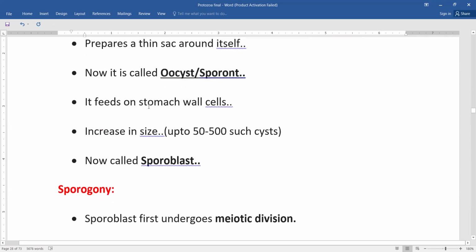It feeds on stomach wall cells and increases in size.